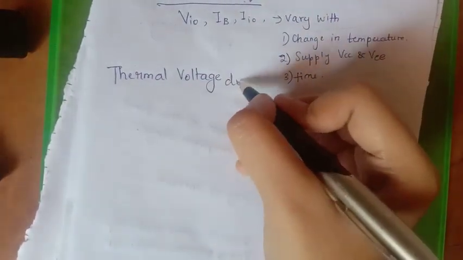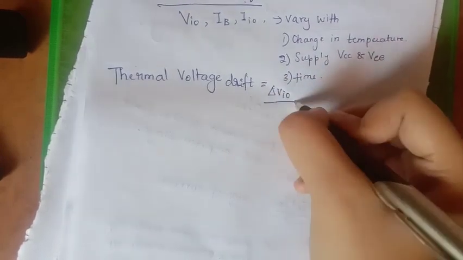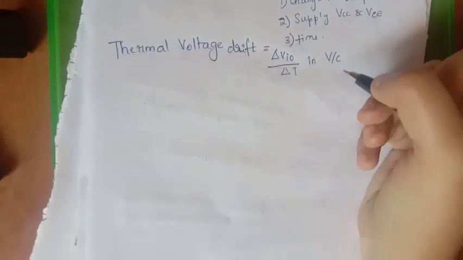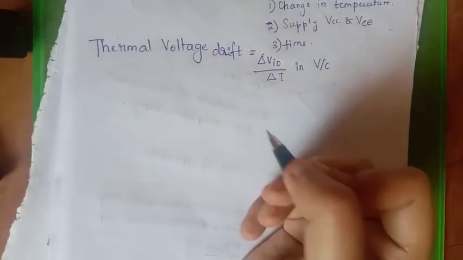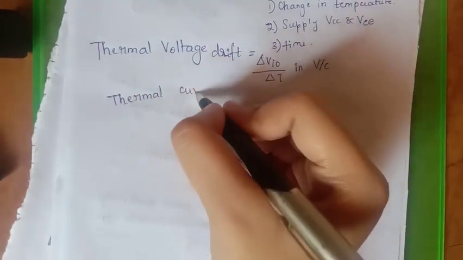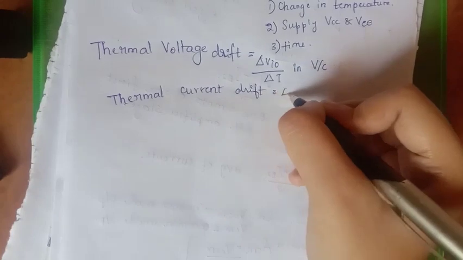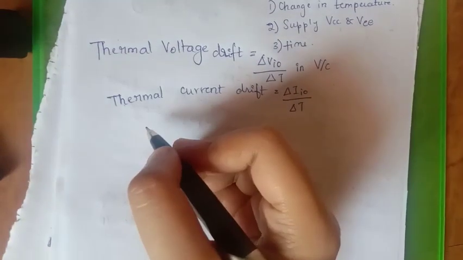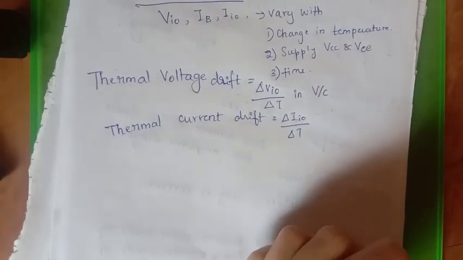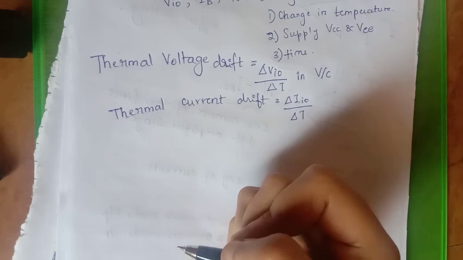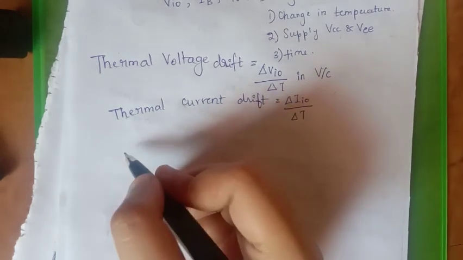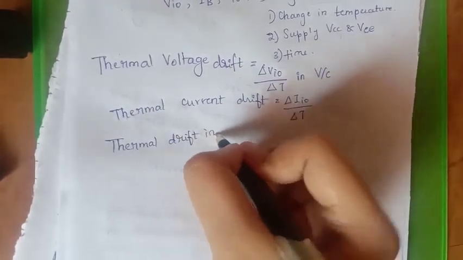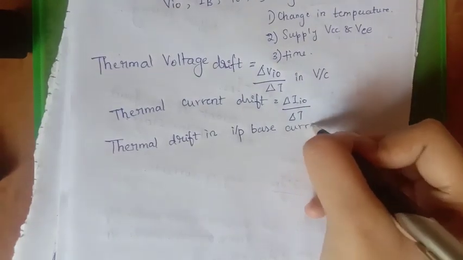It is expressed as delta VIO divided by delta T, in microvolt per degree Celsius. In a similar way we can define the thermal current drift, that is the change in the input offset current per unit change in temperature, and also the thermal drift in input bias current, delta IB by delta T. This is all about the thermal drift.